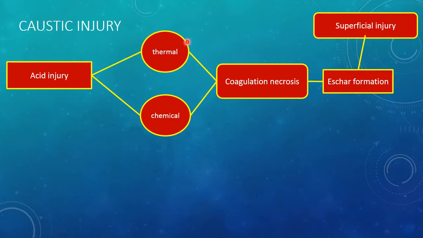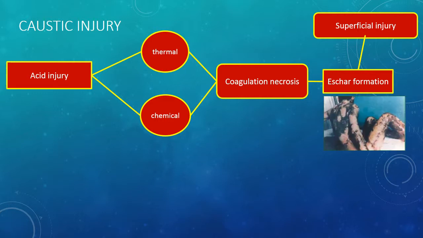As there is a thermal component, there is coagulation necrosis, which results in a scar formation. This is a thick scar which is formed in acid injuries. What will happen? Due to the scar, the acid will not be able to penetrate further, and this will result in a comparatively superficial injury when it is an acid injury.